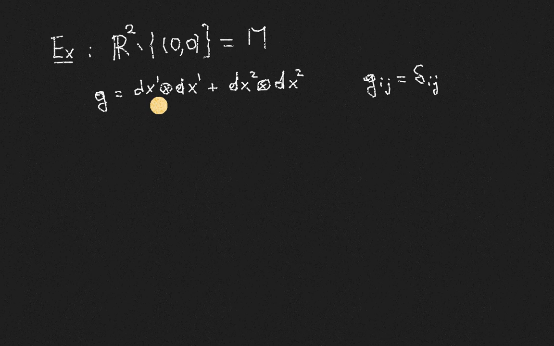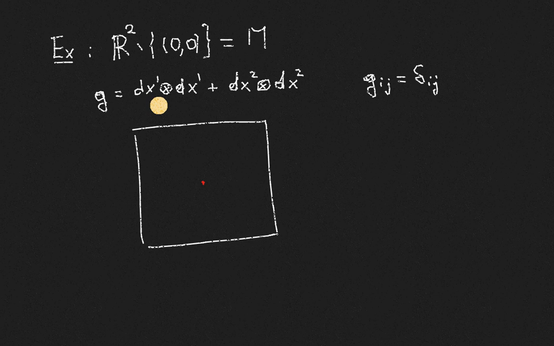So you basically have the plane where you removed the origin.